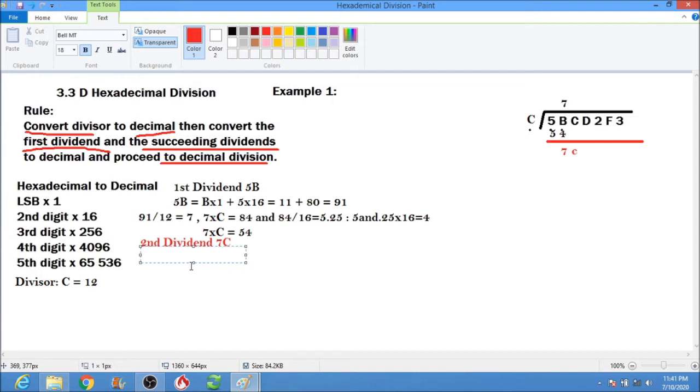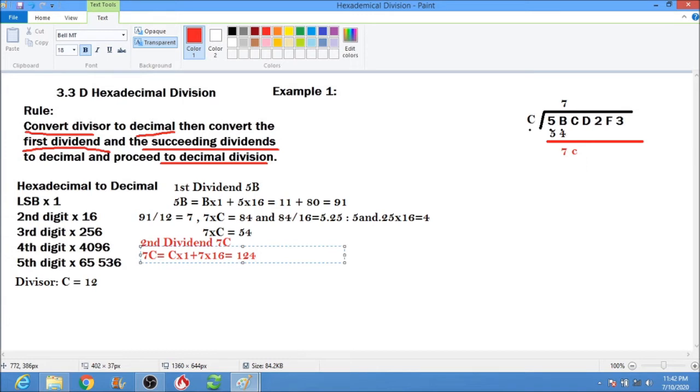Converting 7C: 7C is equal to C times 1 plus 7 times 16. So 7 times 16 plus 12, and that will be equal to 124.